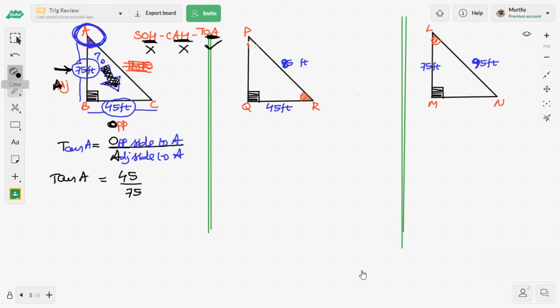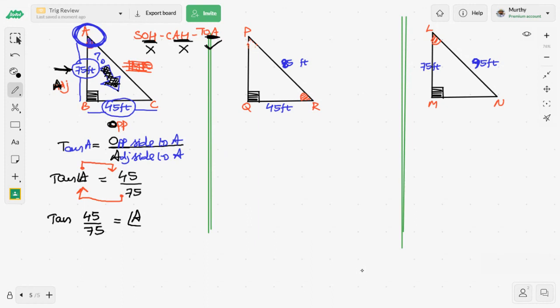This step is really important for you to remember. You move A here, and whatever the fraction or decimal is there, you take to the other side. When you do this jugglery, it is tan 45 over 75 equals A. I just swapped these values.